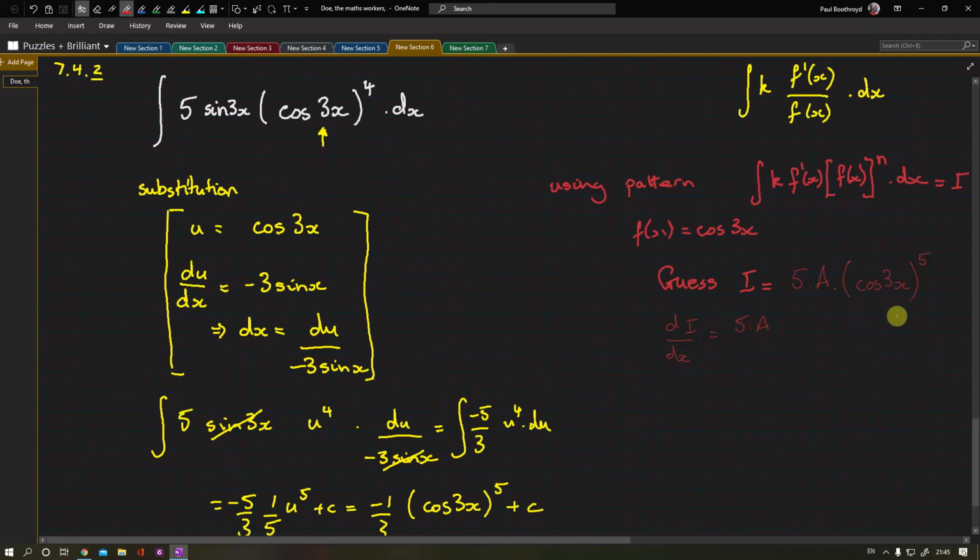We've got a function here inside, so again we're going to use the chain rule. U equals cos 3x, du dx is minus 3 sine 3x. So we get the differential of u to the 5, so we need to differentiate with respect to u, and multiply by du dx.